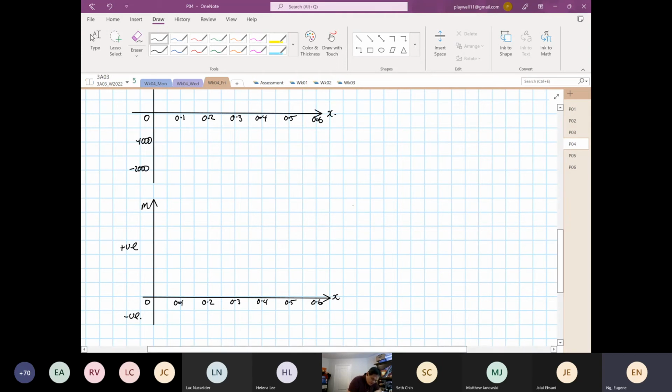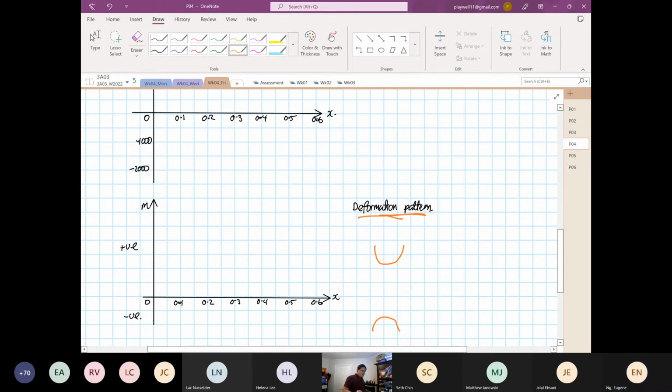Because if we were to look at the deformation pattern, positive moment, the deformation pattern will be a smiling face. Okay. Negative, the deformation pattern will be a sad face. Deformation pattern, not the mathematical equation.